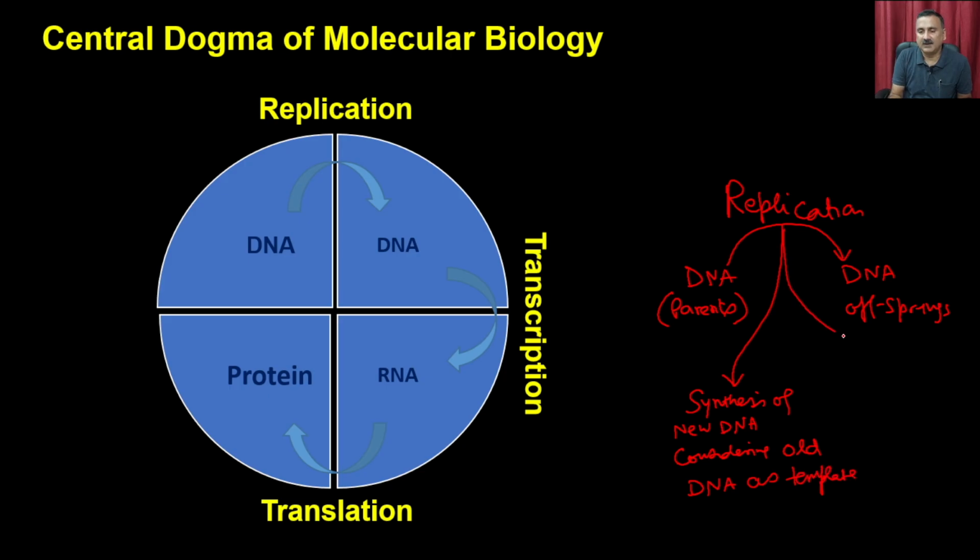And the second is that it should be accurate. It should be almost an exact 100% replica of the older DNA. There should be no mutations, no substitutions, no alterations and all that. So, to achieve this, the machinery has to be very robust.